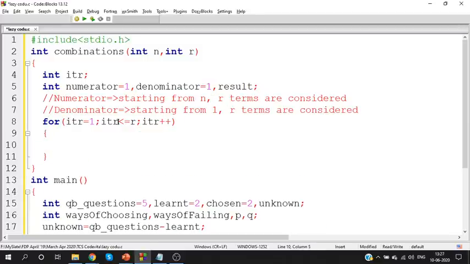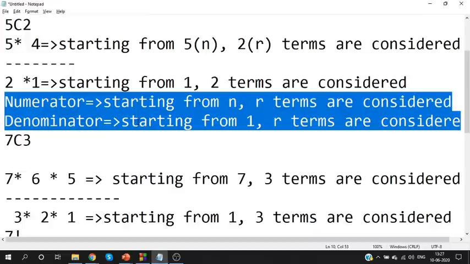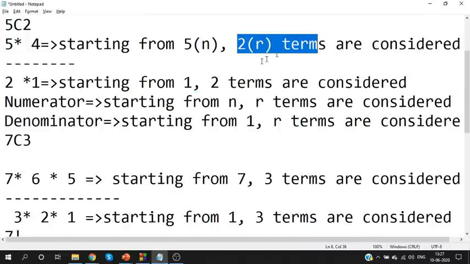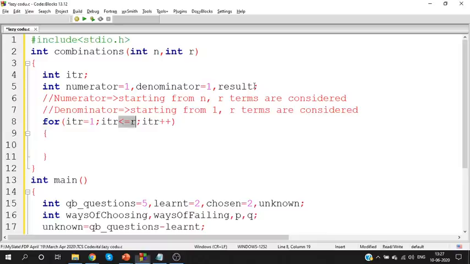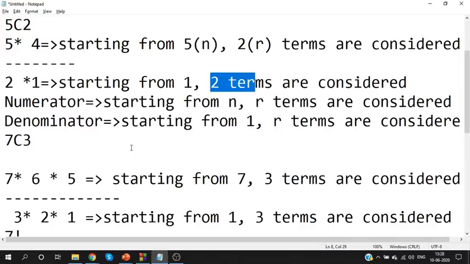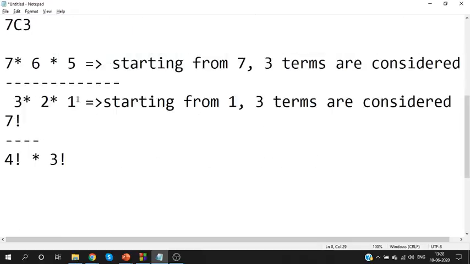Why ITR is running till R? Because for the numerator, if it is 2, 2 terms. If it is 2, 2 terms. So both numerator and the denominator will contain how many terms? 2 terms only. So ITR will take values 1, 2, 3 and it goes on. So for the denominator, what has to be multiplied? Look at this. For the denominator, 1, 2, 3, like that only it has to be multiplied.